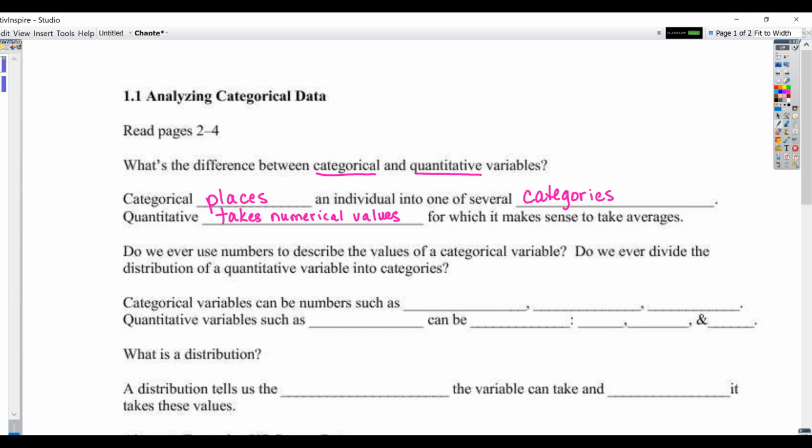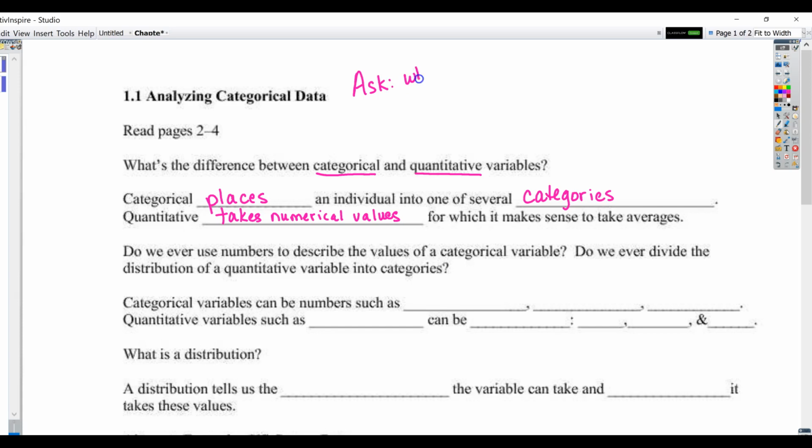You always do want to start by asking yourself some questions, and you learned about this in your summer work. You want to basically think about what is the individual, or who is the individual, or what are the objects that are being measured. So you need to think about it on an individual level, what is being looked at, and then what is being measured.